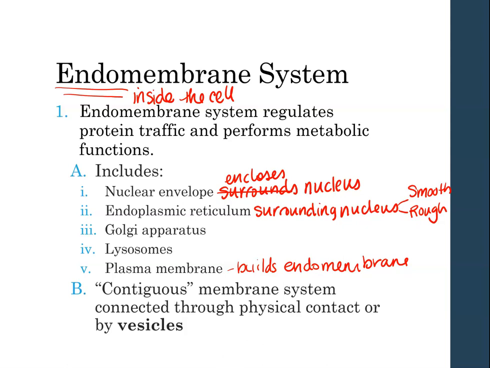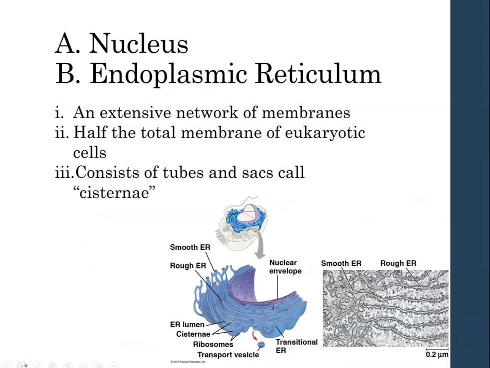So that endomembrane system is basically a contiguous system that is connected either because the parts are physically connected or by vesicles. Now, vesicles are essentially little pockets of membrane, and we'll see what some of their functions are in just a minute.